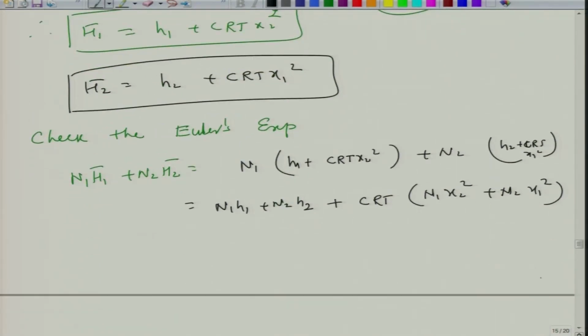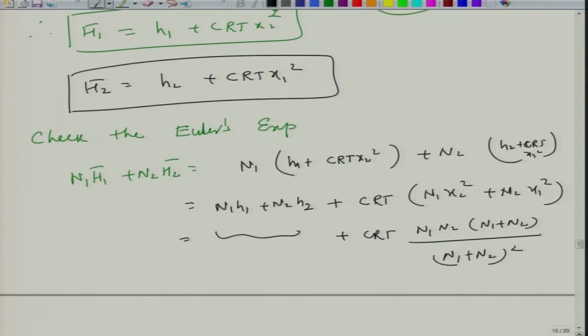Now, if we further simplify this, we have the same term plus CRT. If you simplify, you get N1 N2 (N1 plus N2) over the denominator (N1 plus N2) square, because x2 is of course N2 by N1 plus N2. Now, with this relation, I can cancel this out.